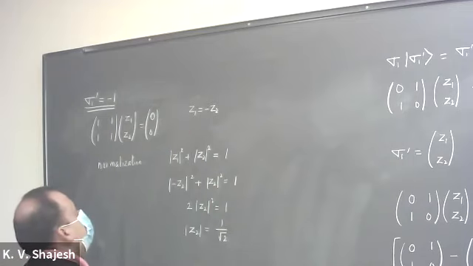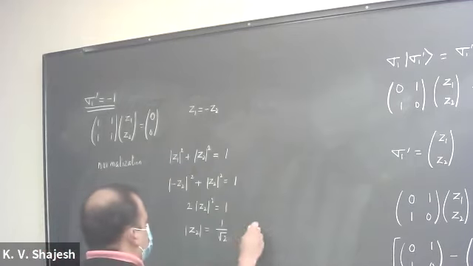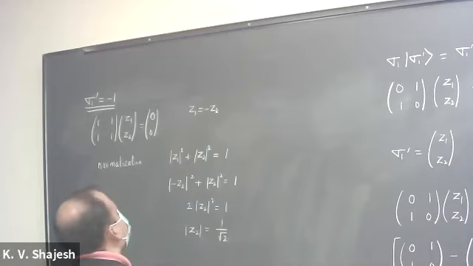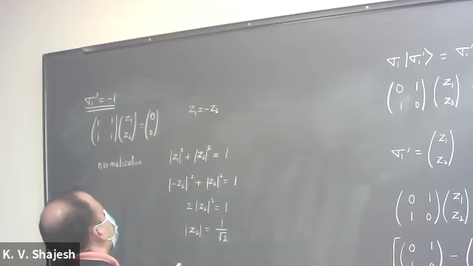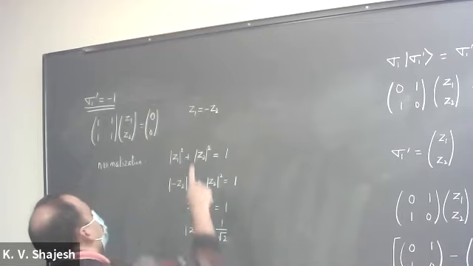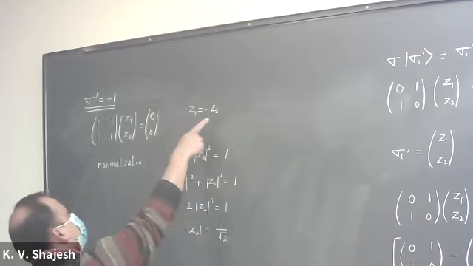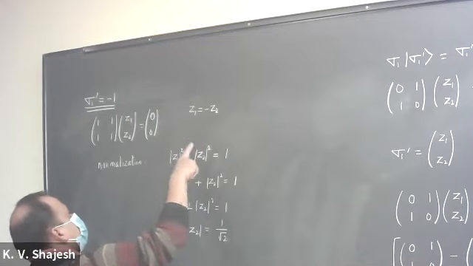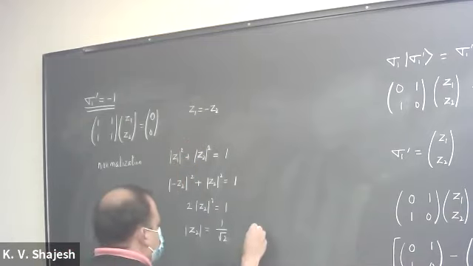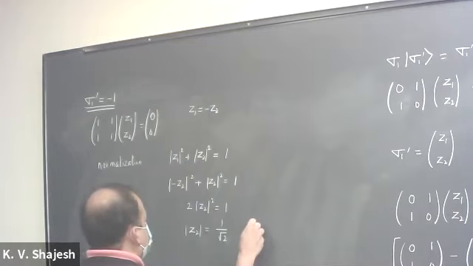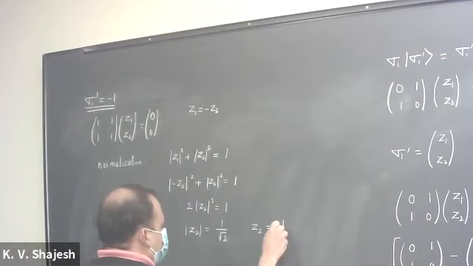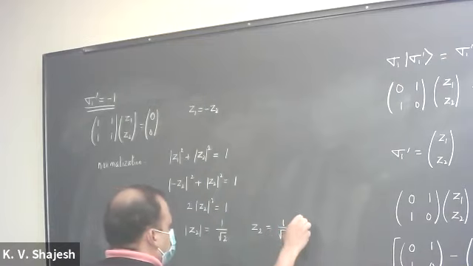But what about the phases of Z1 and Z2? Is there a simpler way? At this stage you say that Z2 is equal to 1 over root 2 up to a phase, e raised to i theta.